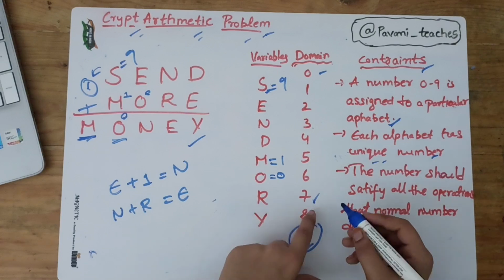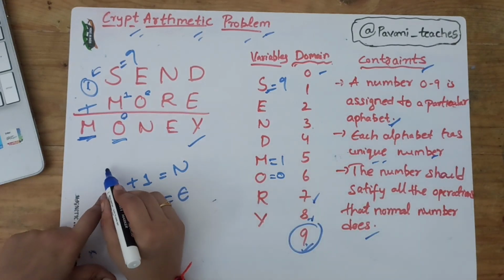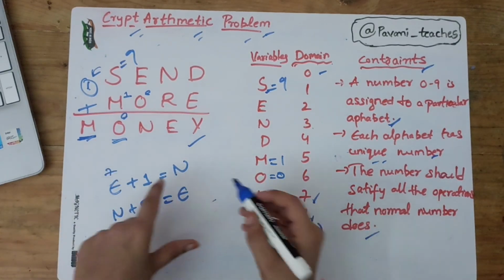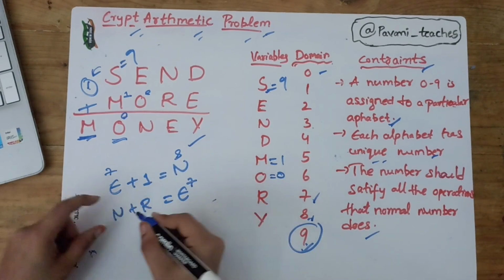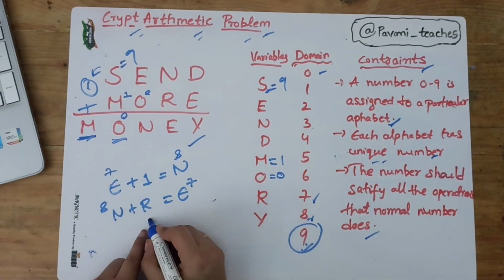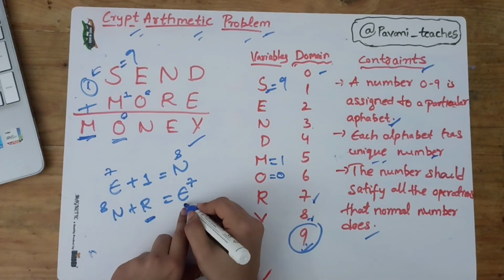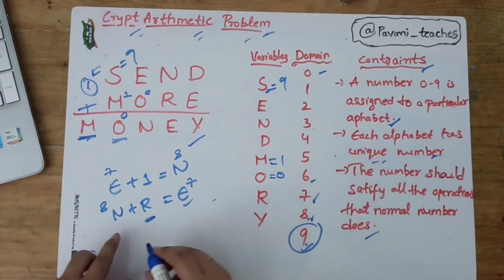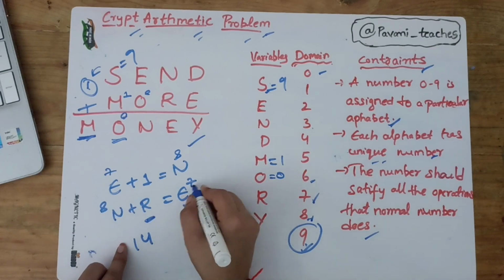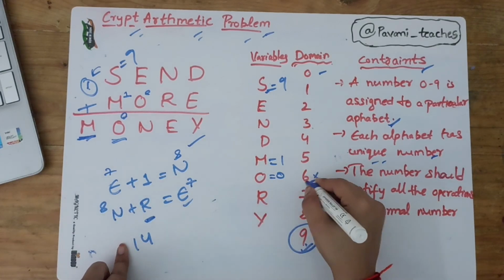If we take the E value as 7, then the value of N will become 8. The same values you write here, 7 and 8. What value should you add to get 7? If I add 6, you will get 14, which is not equal to 7. So you cannot take 6.